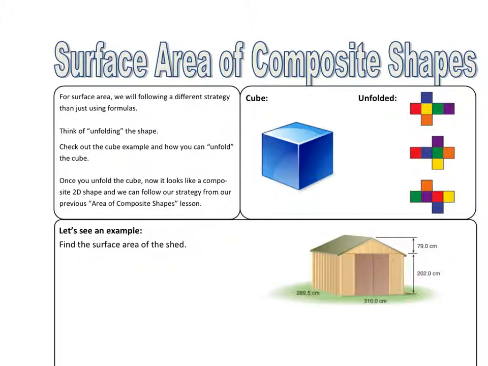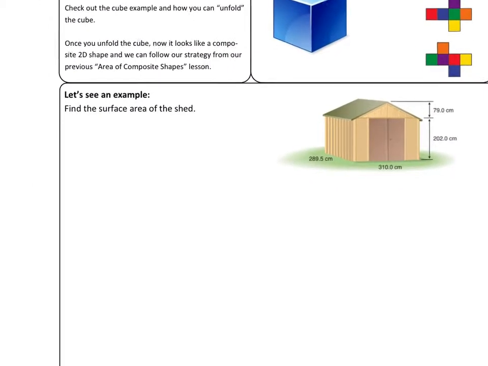But the flattened out part is what we want to work with because you can see all the different little pieces. We're going to find the area of each single piece: 1, 2, 3, 4, 5, and 6. Then once you have all those little areas, we're going to add them all together. So let's see how it's done with this example.